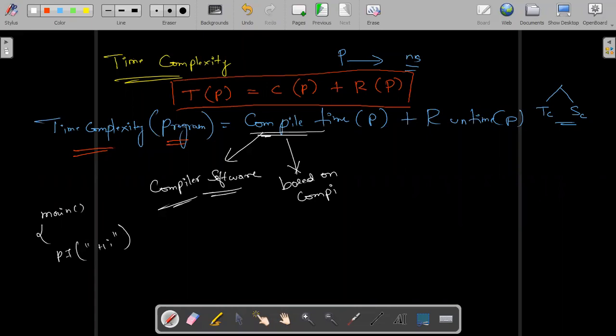This is what I wanted to execute. So we need the compile time for this particular snippet of code. This code will be given to the compiler. How will you get the compile time? Based on which compiler you use.